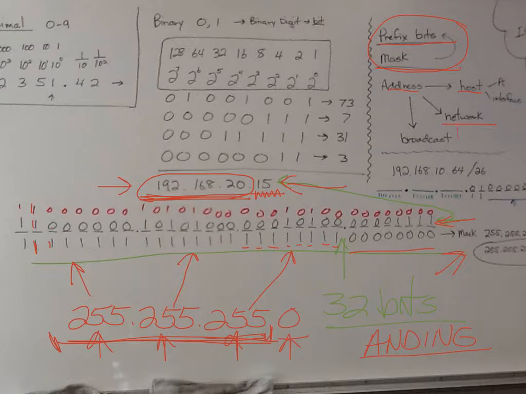That would be 192.168.20.0. So this, I should just circle here, this would be the network, and this would be a 0 then. So I'll write it again over here. 192.168.20.0.